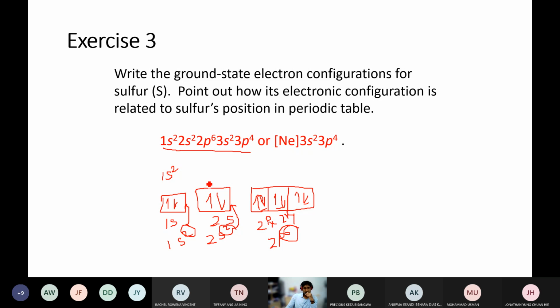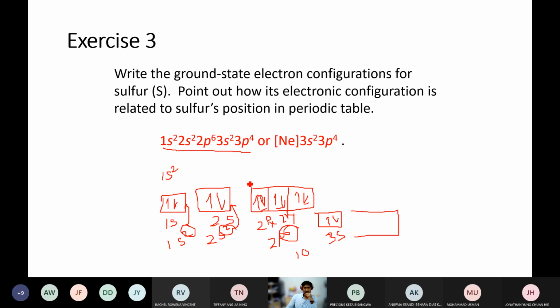Now altogether 2 plus 2 plus 6 is 10, but I have another 6 electrons, so those 6 electrons will move to the next orbital. The next orbital is 3s, because 2s is taken, and there can be a maximum of 2 electrons, right?